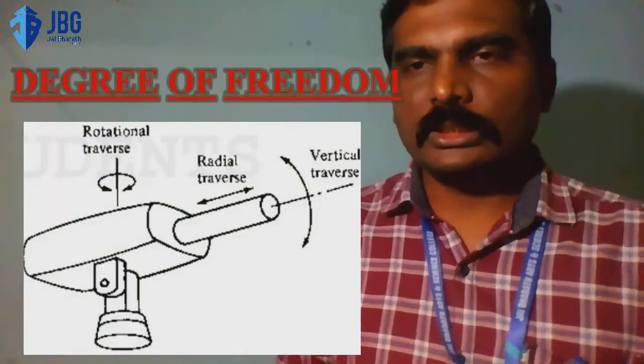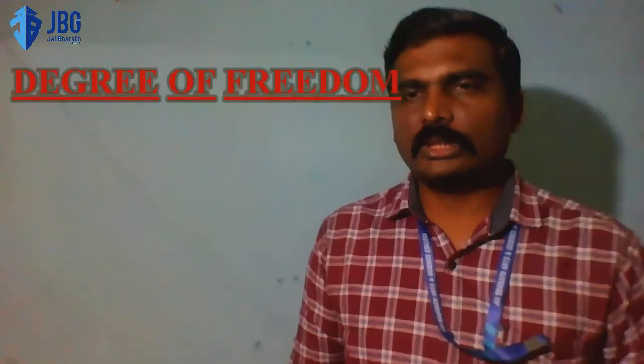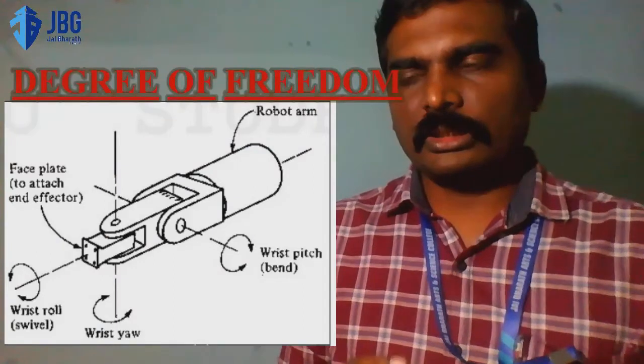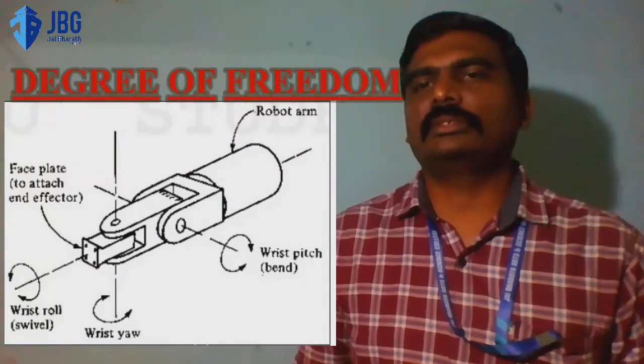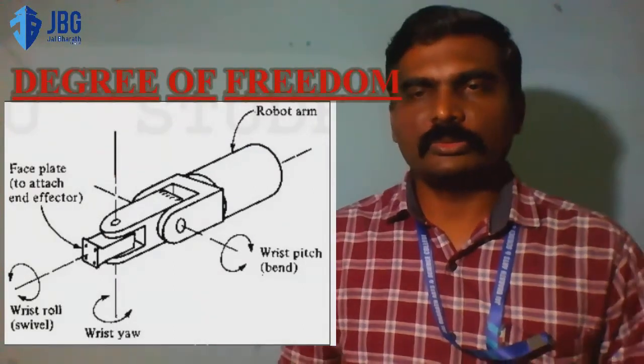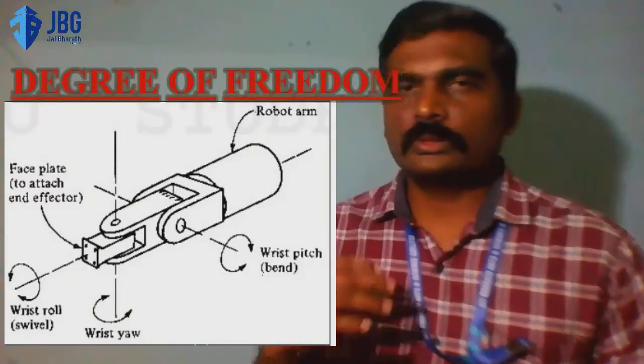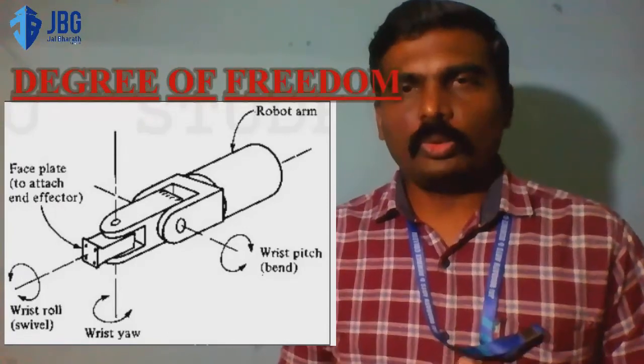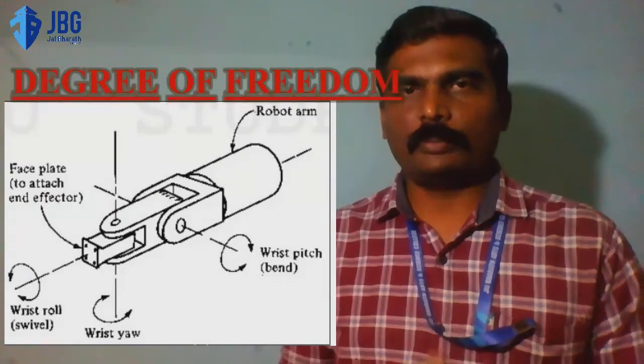Let's see the next 3 degrees of freedom, which are based on the wrist point. We can classify these 3 degrees of freedom as yaw, pitch, and roll.